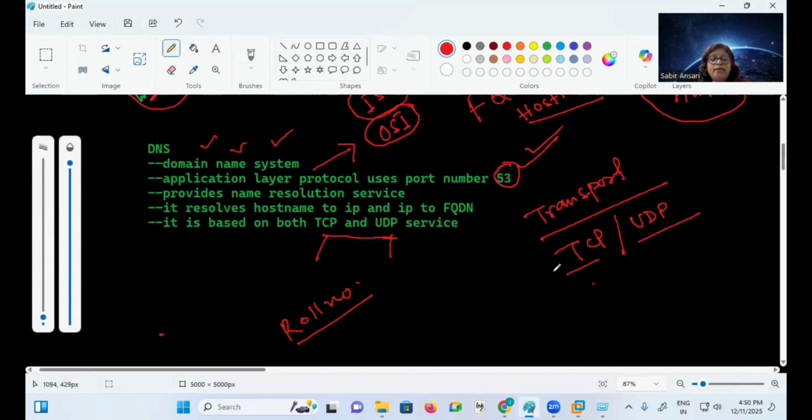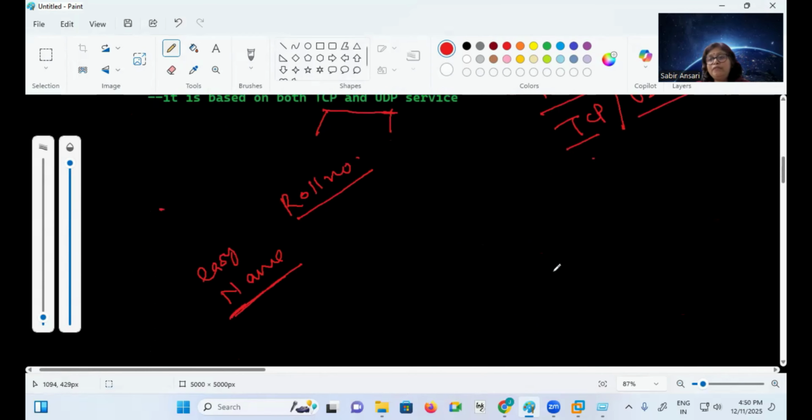नाउ एक क्वेश्चन है, क्या कैन आई एक्सेस इंटरनेट विद डीएनएस सर्वर? Yes, I can access internet without DNS server, provided you have to remember the IP address of the server. Okay. So it is also very good question. It's a very tricky question. Can we access internet without DNS server?